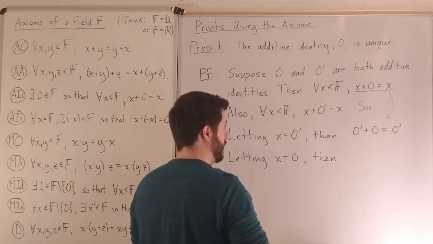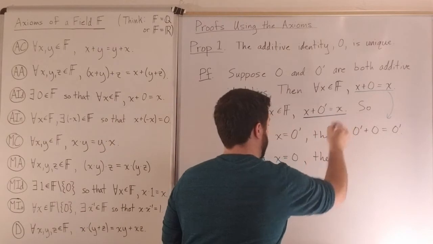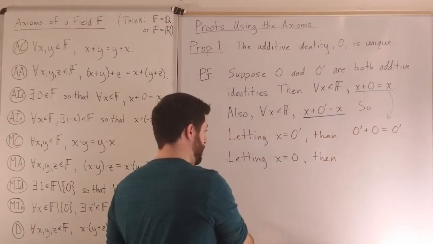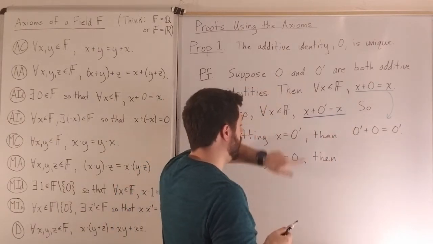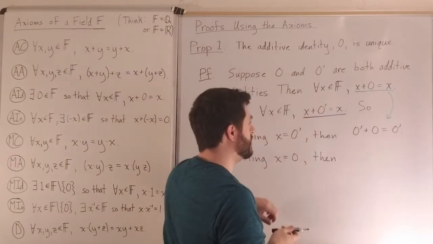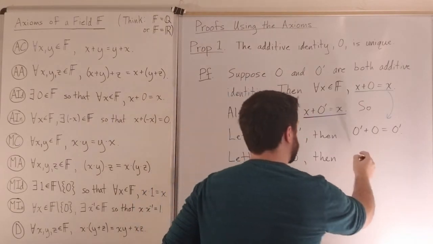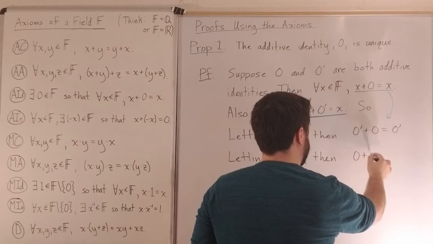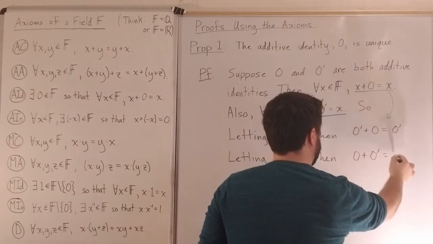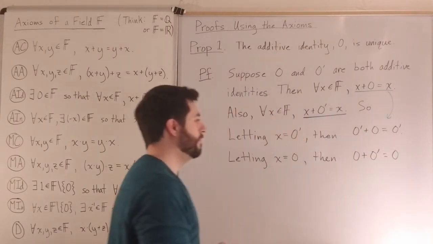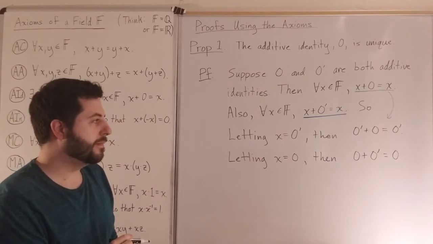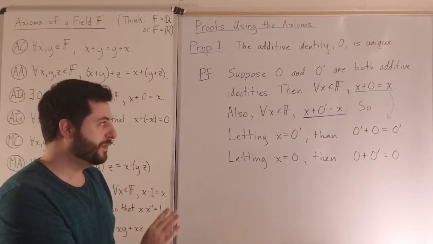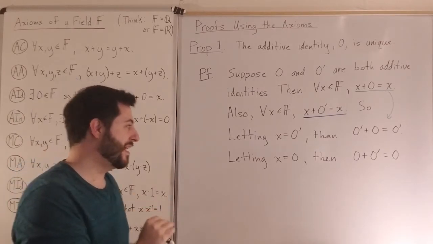Now I'm going to let x be the original 0, and use the equation with the 0 prime in it. That's going to tell us that 0 plus 0 prime is equal to 0. So x plus 0 prime is equal to x, where x is equal to 0.